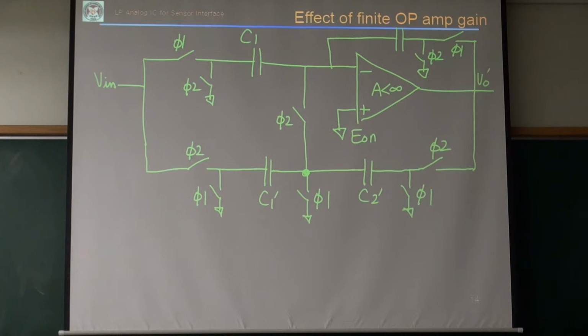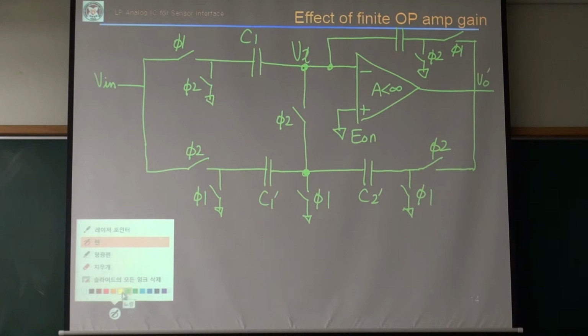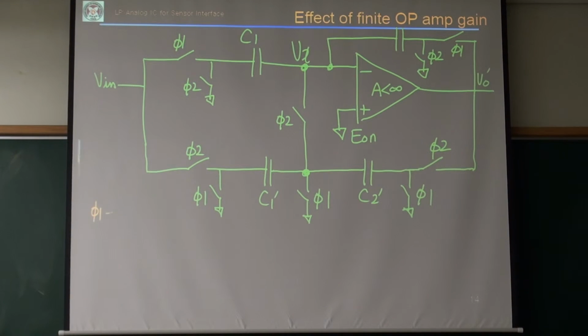Okay, so let's see, how can I calculate this Vx at the end of phase 2? During phase 1, they are completely discharged to 0.